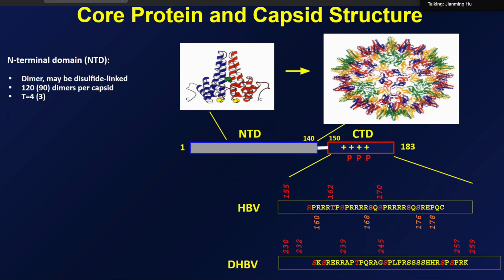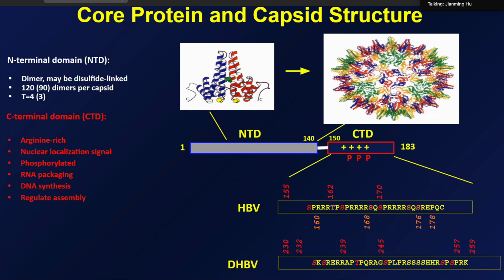The CDD, which is missing from this crystal structure, has the phosphorylation sites as depicted with those numberings. Unfortunately, it got shifted. There are multiple phosphorylation sites, those highlighted serine and threonine residues, in both HBV and DHBV.